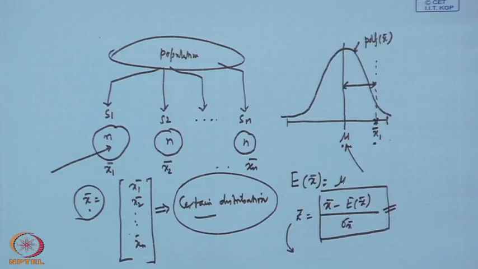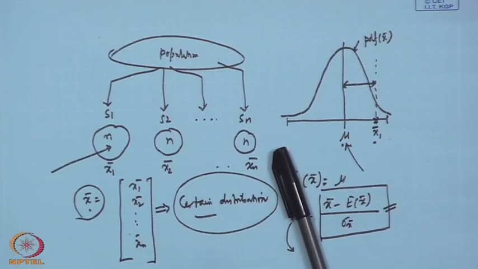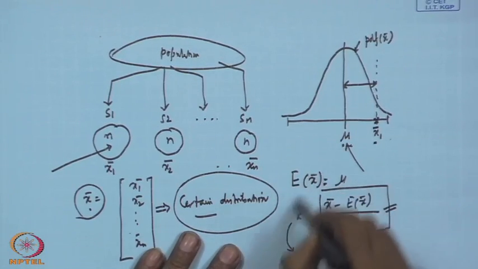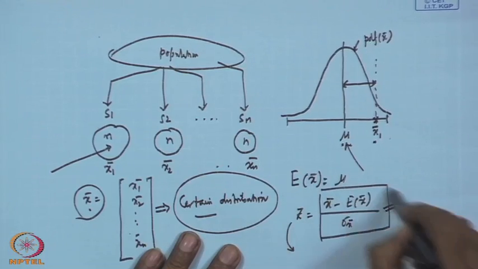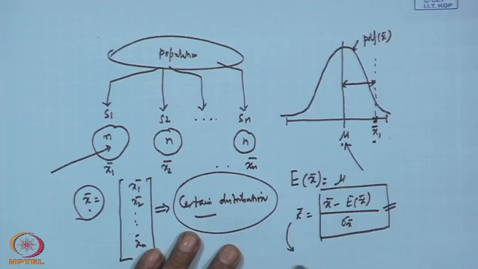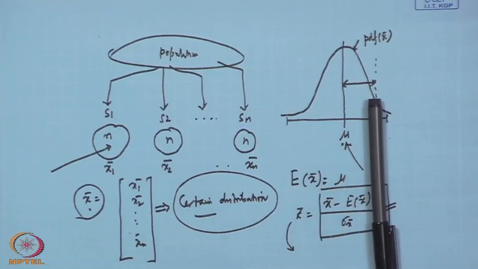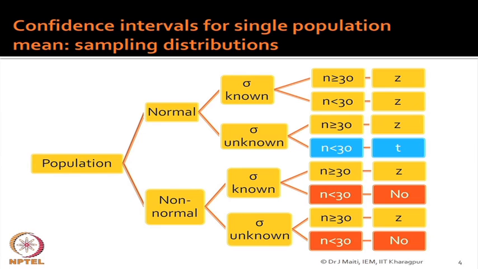Now, if you sample from a non-normal population when sigma is known and your sample size is large, then this same quantity follows Z distribution. Even if sigma is unknown but sample size is large, that is again Z, but in the other two cases, when sample size is less than 30, that is the small sample size, then no parametric distribution is possible.